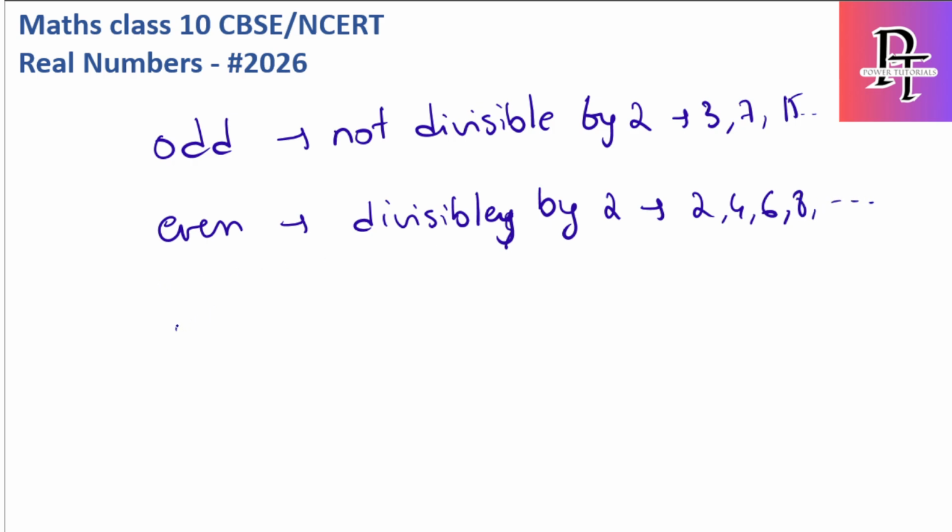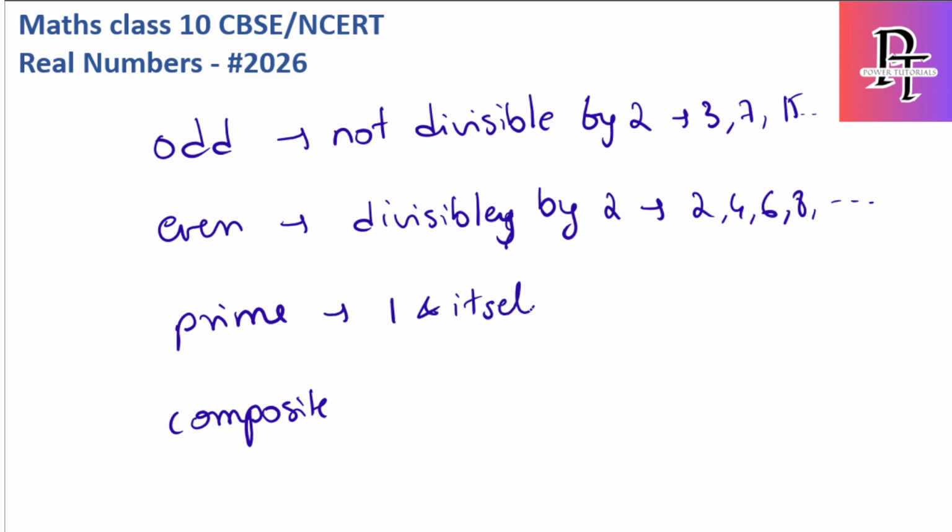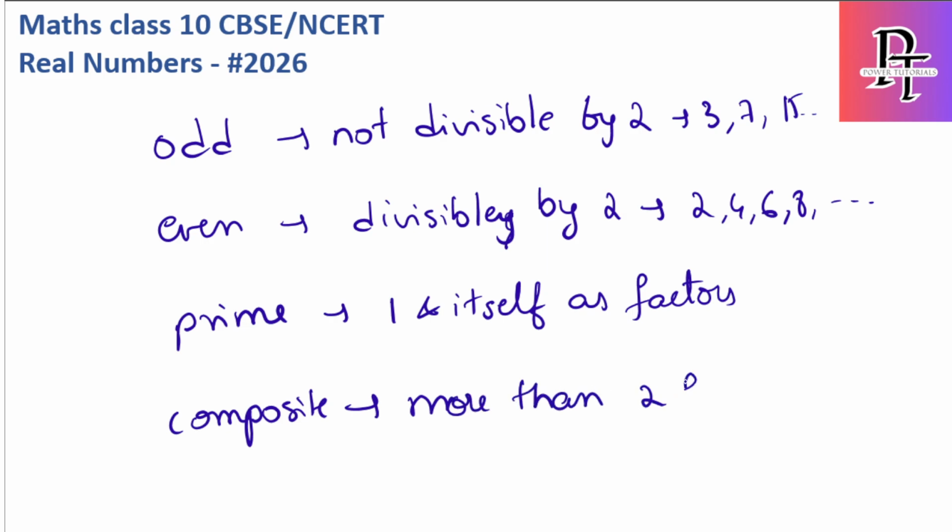Okay. Then we have other numbers which are prime and composite. So what are prime numbers? Those which have only 1 and itself as factors, so not divisible by any other number. Numbers having more than 2 factors are called composite. Prime numbers, for example, are 3, 13, 23.